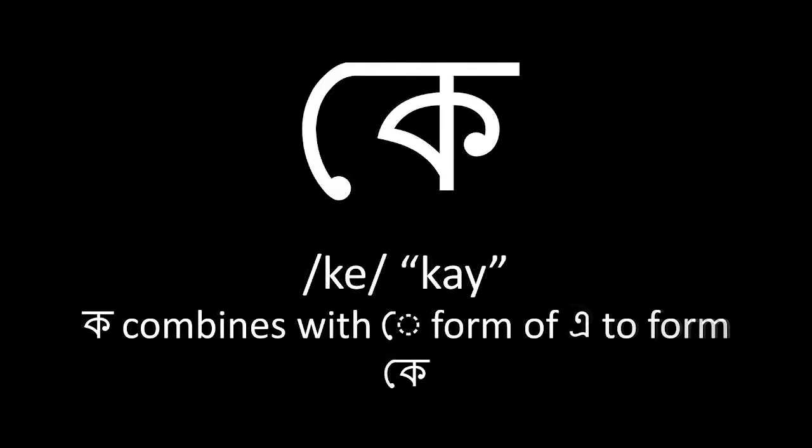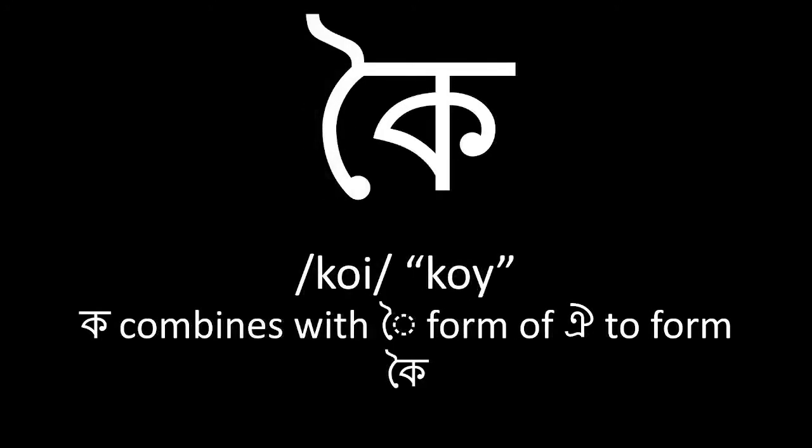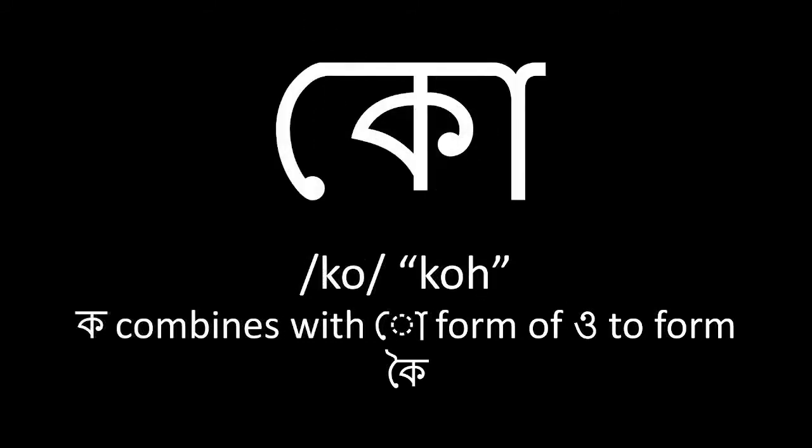And you can see that it's made up of the symbol for a with the symbol for a. And when you see this symbol a here, don't forget to look behind the letter to see if it has the symbol for a behind it.